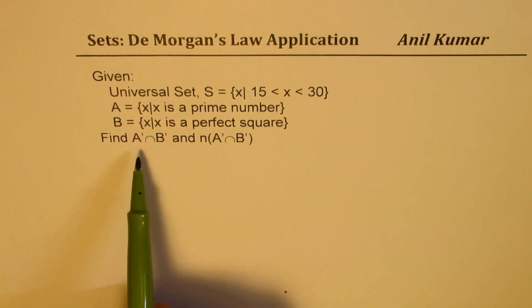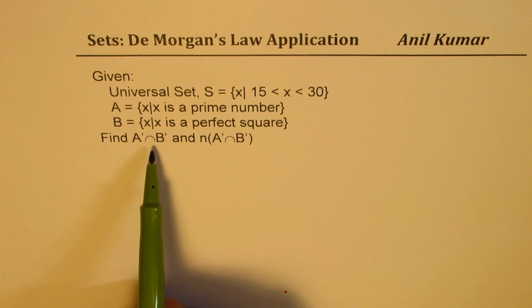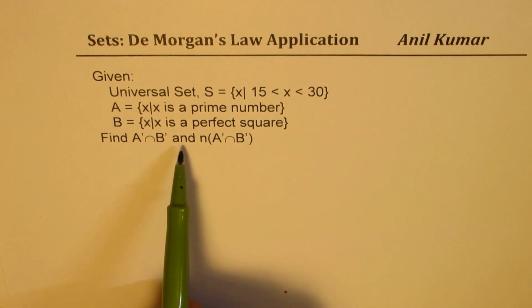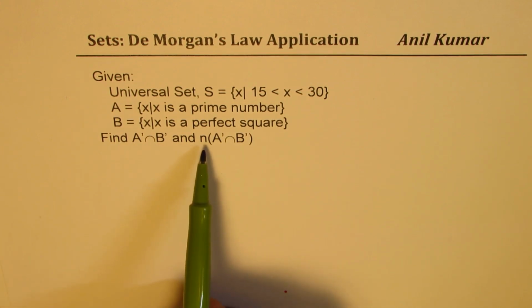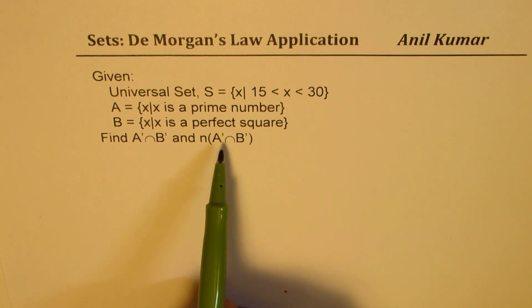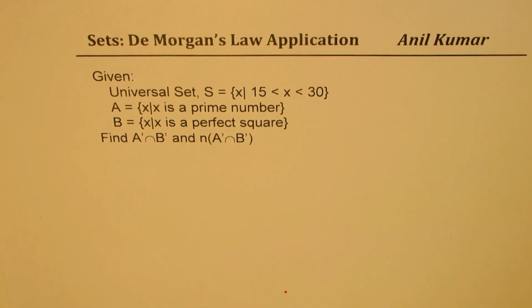You need to find complement of A intersection complement of B, and also find the number of elements in complement of A intersection complement of B. So you can pause the video, answer the question, and then look into my suggestions.